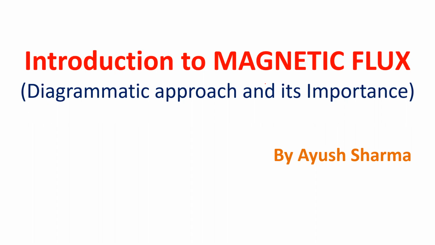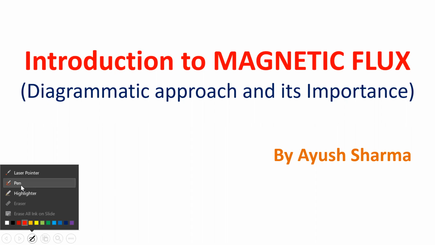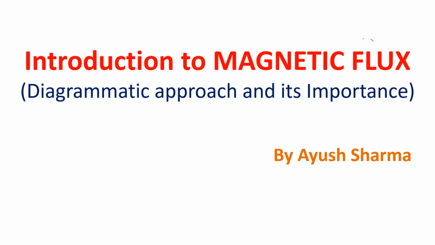So, before switching to the topic magnetic flux, we'll first have an idea what flux means. That word flux, what does this particular word mean in physics? We have two major types of fields in physics, especially in electromagnetism, that is electric field and magnetic field.